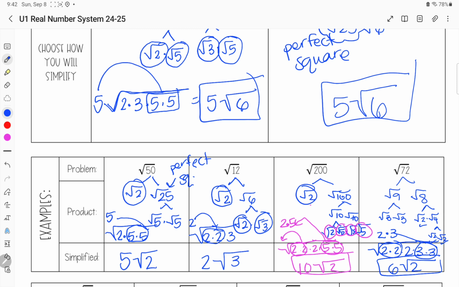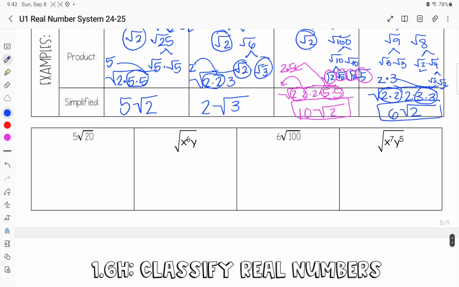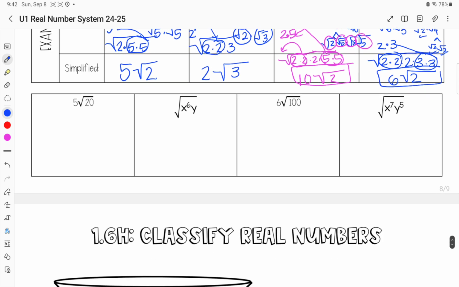So the reason you need to understand that you're pulling pairs out is because not always will they be numbers. You may have some letters. So like on this one, this person started this, but they didn't pull out all of it. So your 5 is already out here. But this 20, we could simplify it down to 5 times 4 still. So root 5 times root 4.